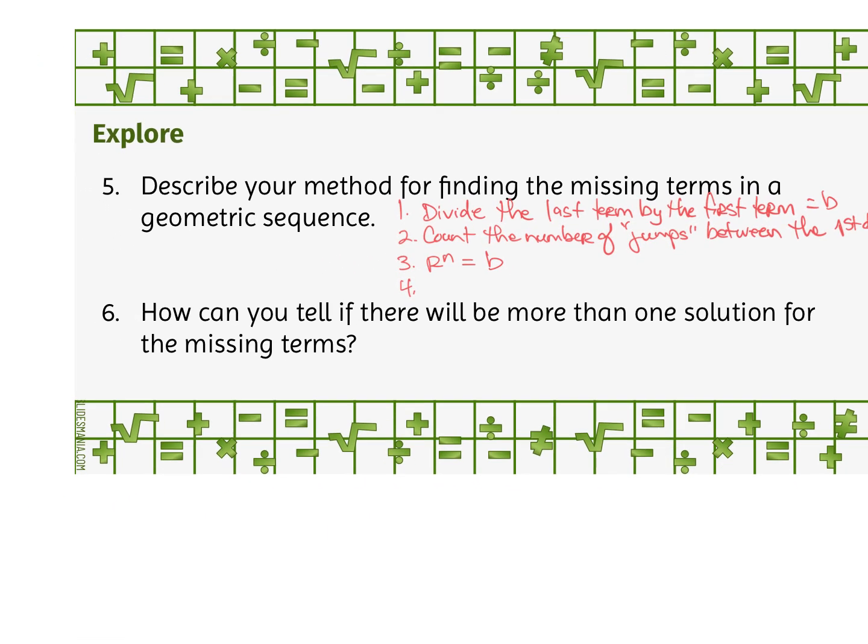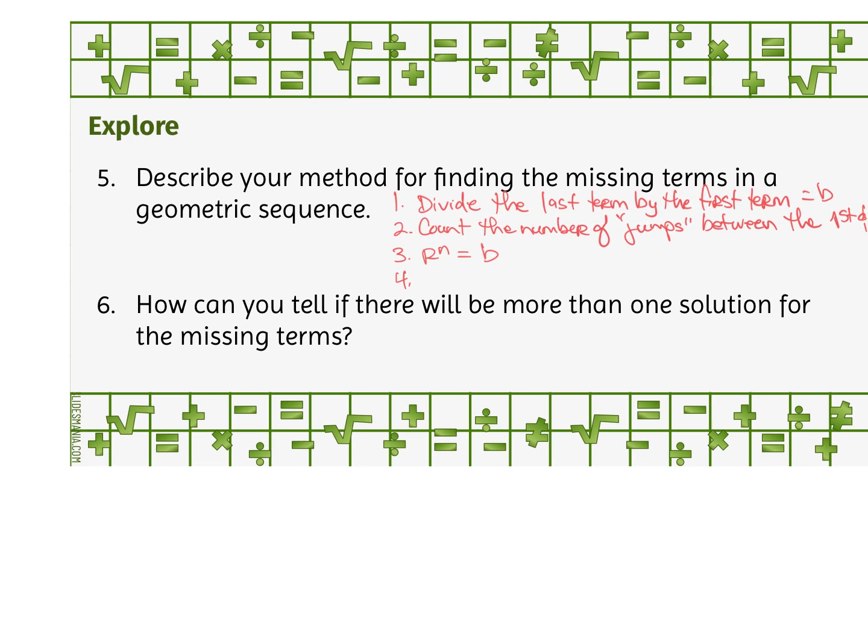And then number 6 says, how can you tell if there will be more than one solution for the missing term? It's as follows. If N, how many times we multiply that common ratio together, is even, the ratio, which is R, could be positive or negative.